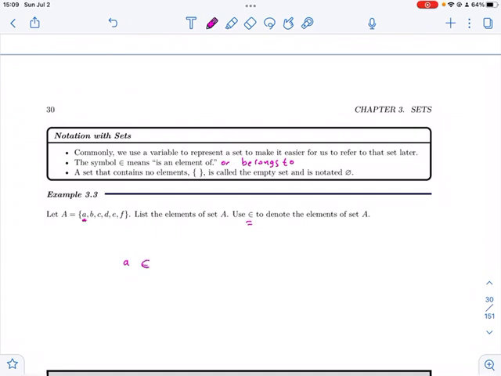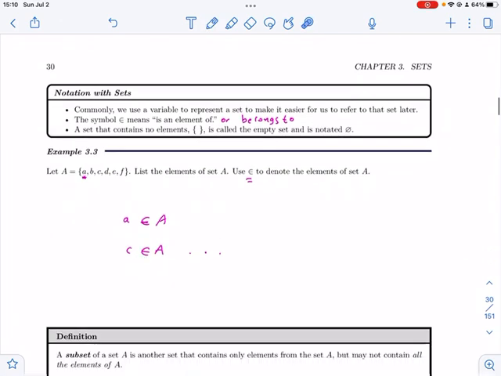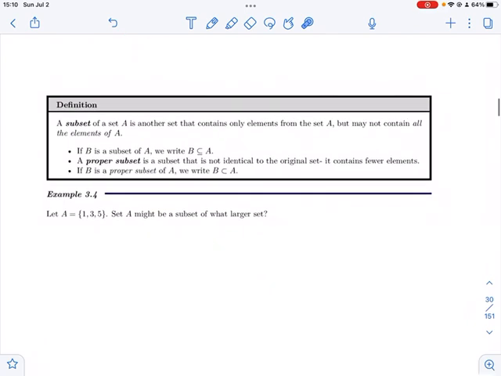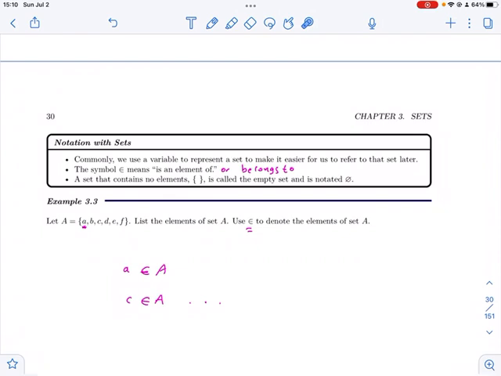Or the element C belongs to the set A, and so on. So this is read "belongs to" or "is an element of." This is one notation that's very important, and it describes a relationship between an element and a set.